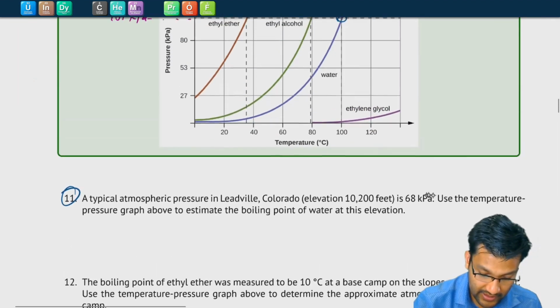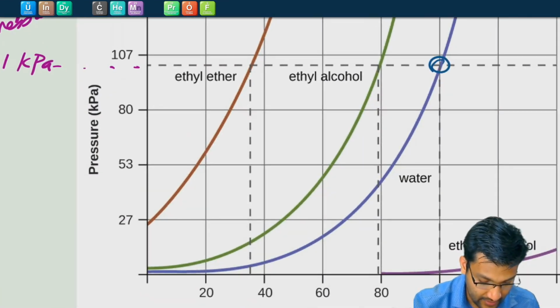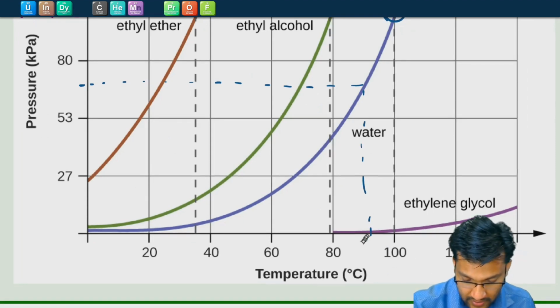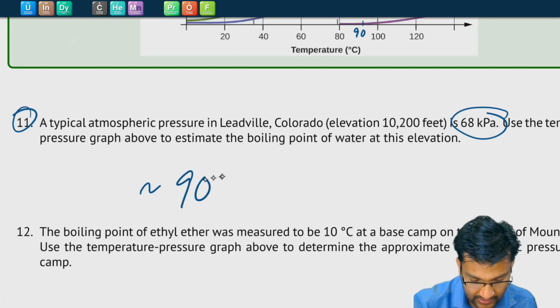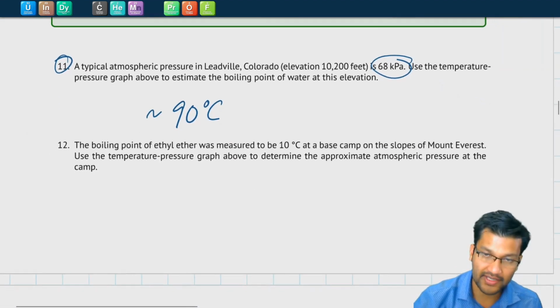Well, we look at 68 kilopascals, which in this graph I'll say is probably there. Then the temperature of water looks to be around 90 or so degrees Celsius. So I would say about 90 degrees Celsius. All right, try to answer number 12 on your own using that graph.